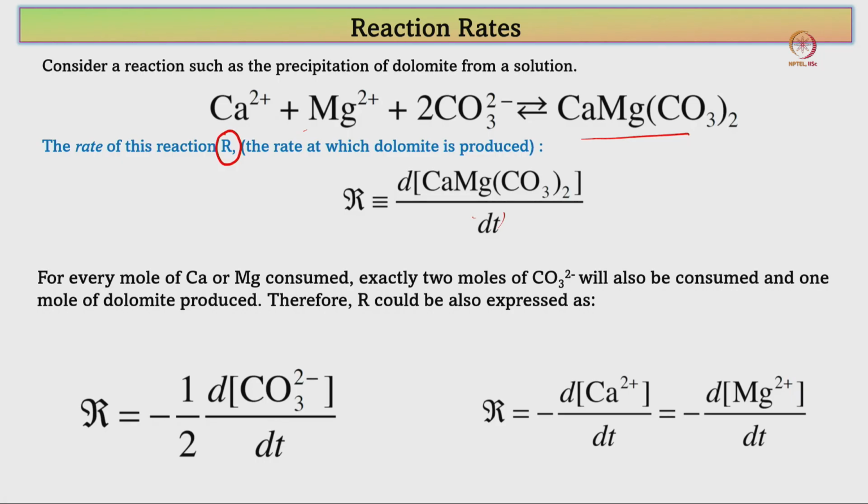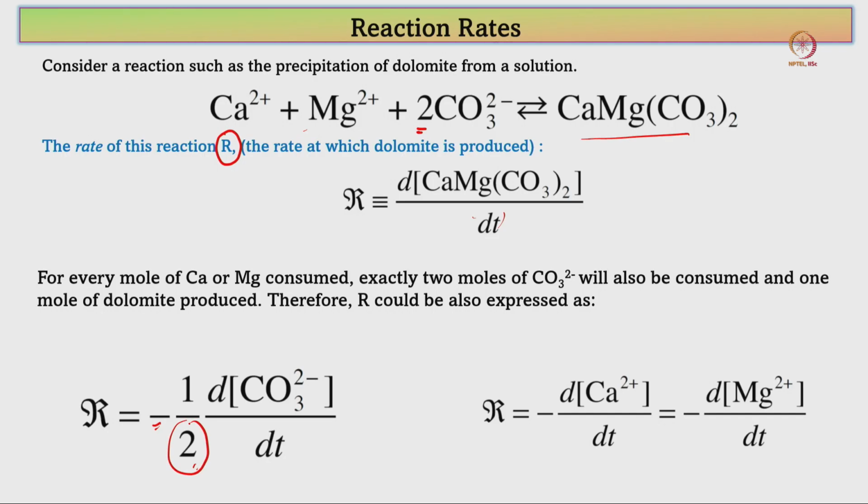Rate R can also be written in terms of d[CO3 2-] divided by dt, and this has a minus sign because it is a reactant, it is decreasing over time, and whatever is the stoichiometric coefficient here, that will come as the denominator.